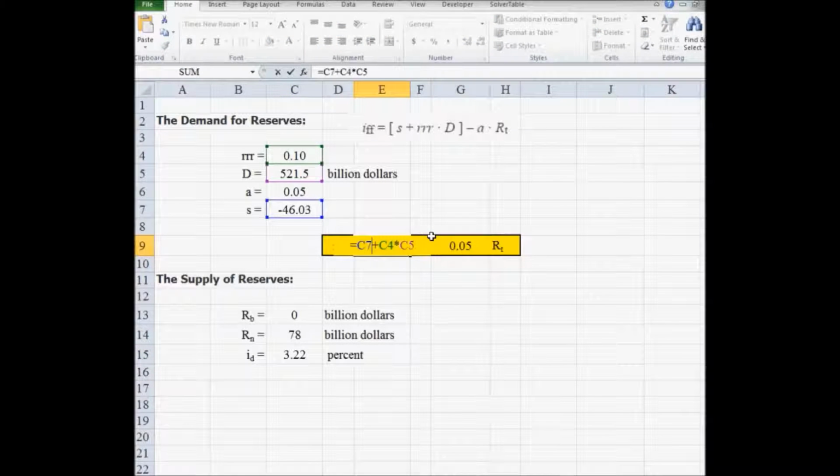Just like in problem 2, the intercept of the demand curve is the sum of C7, which is the shock parameter, plus the product of the reserve requirement ratio, 0.1, and checkable deposits, 521.5. So the intercept is 6.12.